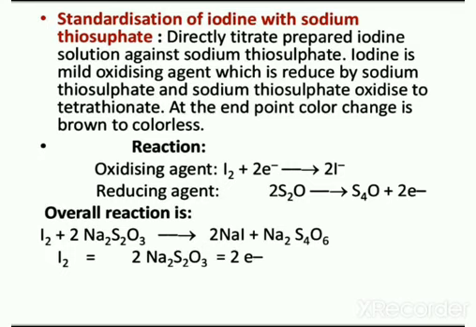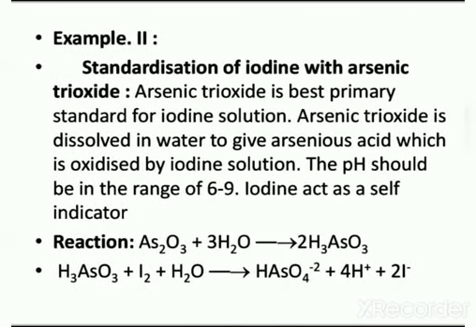The overall reaction is that iodine reacts with thiosulfate and gives the tetrathionate, with removal of electrons and acceptance of electrons taking place. Therefore, iodimetric and iodometric titrations are redox titrations. So here is an example for iodimetric titration.